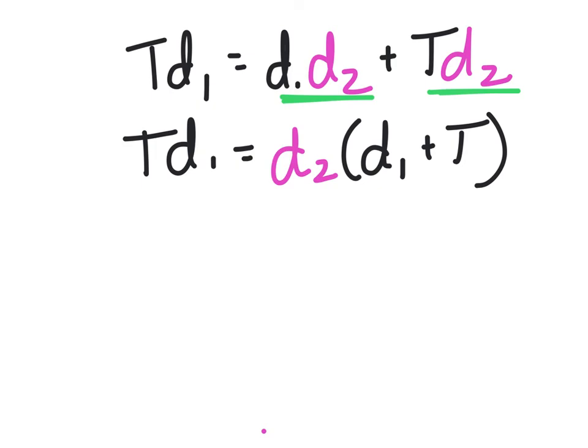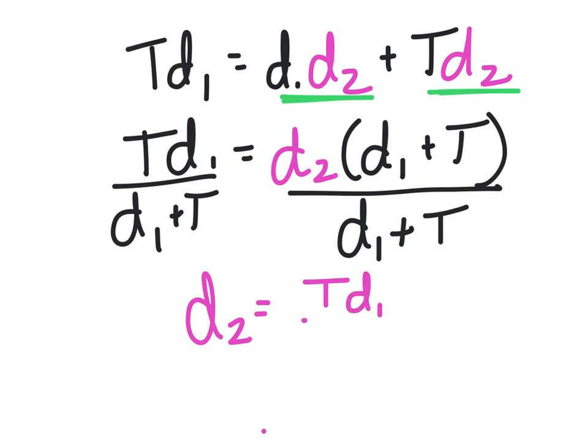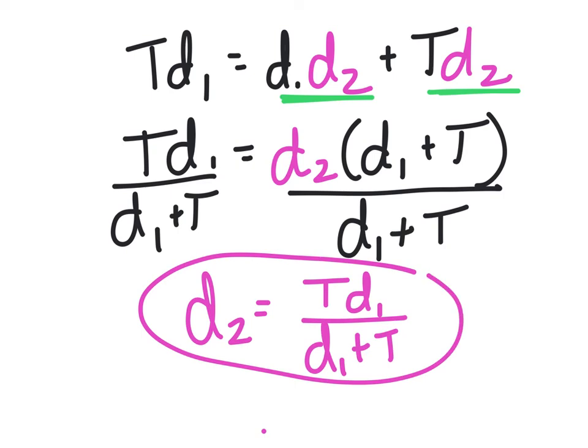And now all I need to do is, since I have one d2 being multiplied by d1 plus t, I'm going to divide both sides by d1 plus t. And so I get that d2 is equal to t d1 divided by d1 plus t. So that's how you combine factoring and clearing the denominator to solve one problem.